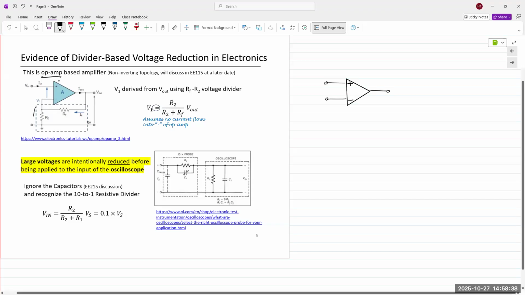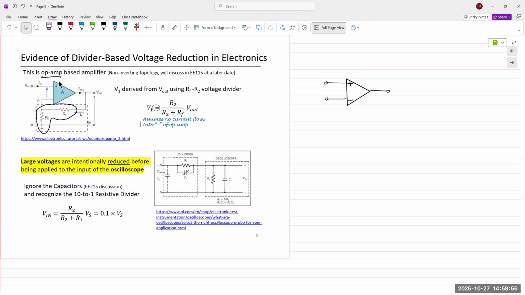But one of the things we do is we can again bias the circuit using resistors. And here the resistors are labeled as R2 and RF. We'll see later that F stands for feedback from the output to the input. The voltage V1 is derived from the series connected network of R2 and RF.